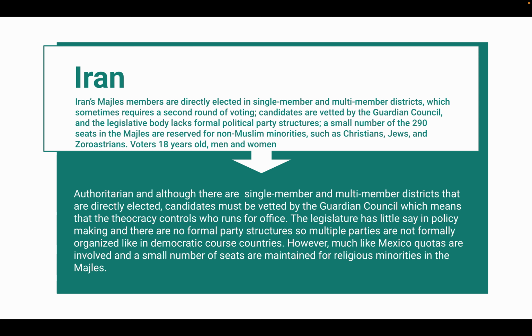The legislature has little say in policy making. There's little to no formal party structures, so multiple parties are not formally organized, like in the more democratic core countries. However, much like Mexico, quotas are involved, and a small number of seats are maintained for, like I mentioned, religious minorities in the Majlis. And remember, in Mexico, seats are reserved for women.